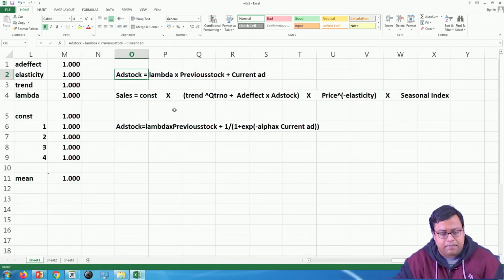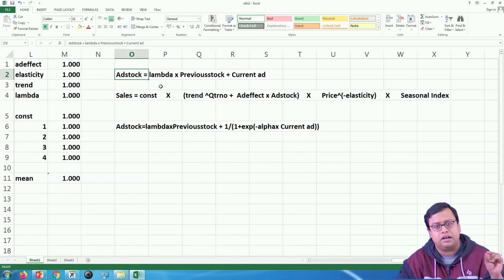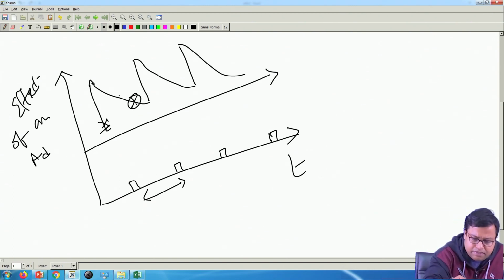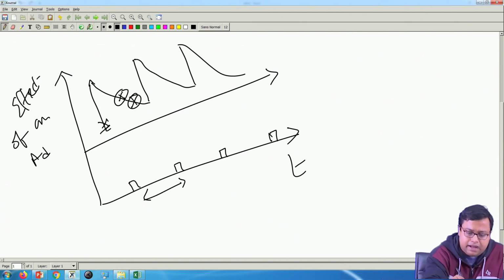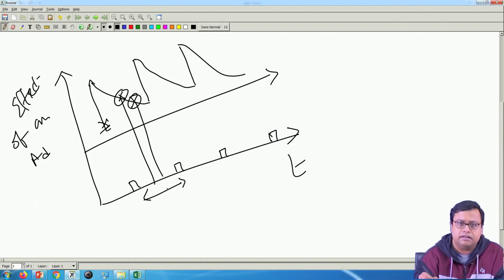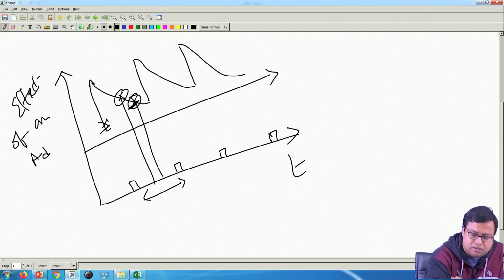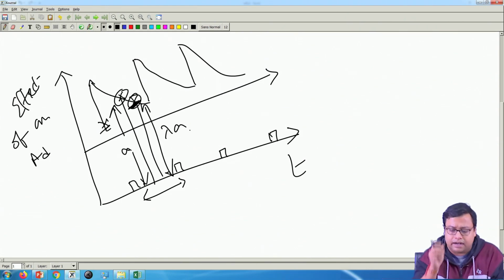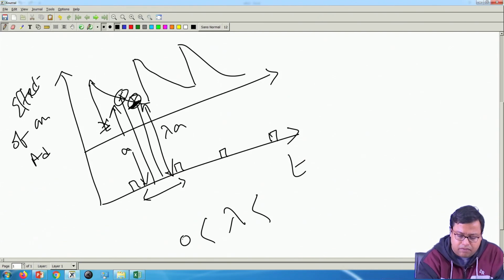That ad stock is lambda times the previous stock. Whatever previous stock there was in the last time period will decay a little bit. If the measurement at the last time period was A, then the next one is lambda times A, where lambda is between 0 and 1.